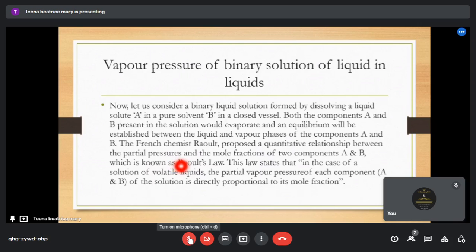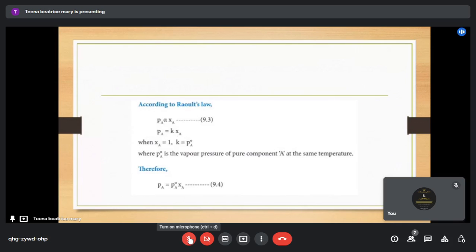So according to his law, in the case of a solution of volatile liquids, the partial vapor pressure of each component of the solution is directly proportional to its mole fraction. So here you can see the equation. PA is directly proportional to XA.